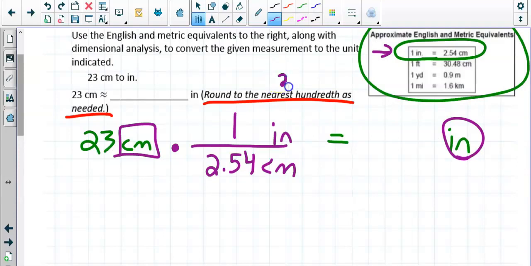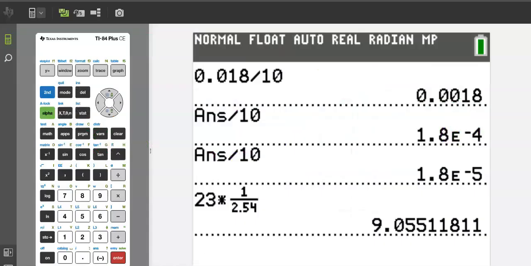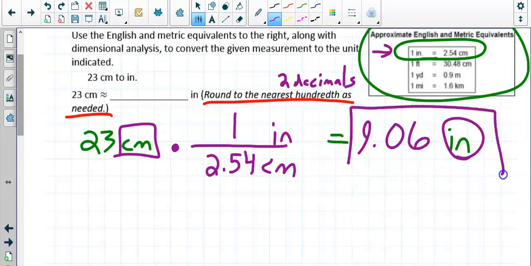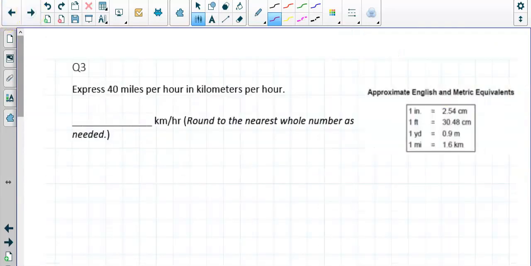Hundredth means 2 decimals. If you didn't know what hundredth meant. So going back to our calculator, here's the hundredth. So this 5 says, hey, hundredth, go up 1. So we got 9.06 for our answer. And there it is. Again, just dimensional analysis. That's all we're doing. Converting from one form to the next.